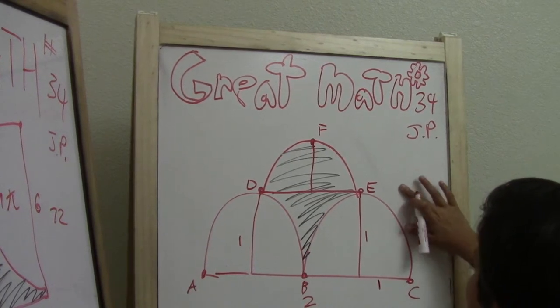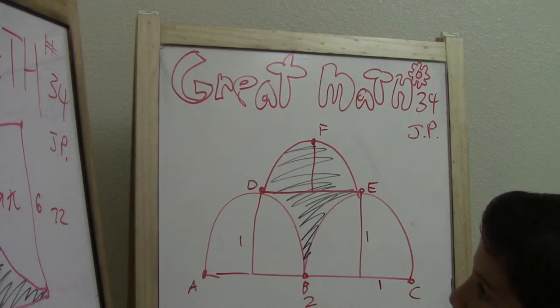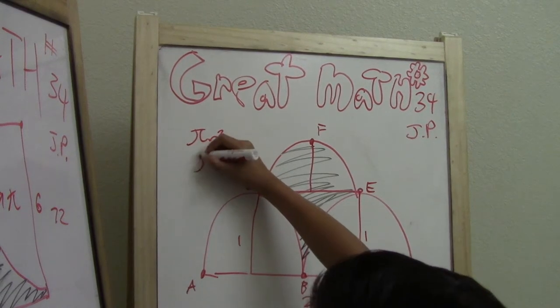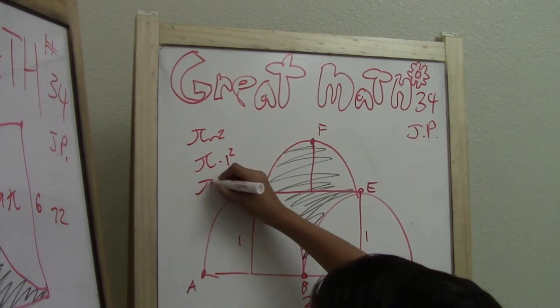But then we have to subtract these guys. Pi r squared: pi times 1 squared is just pi.